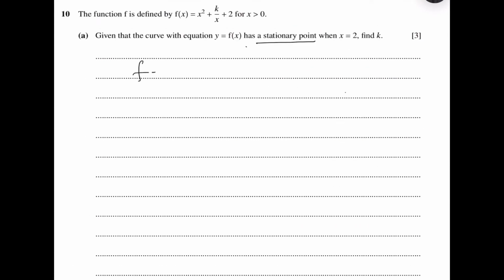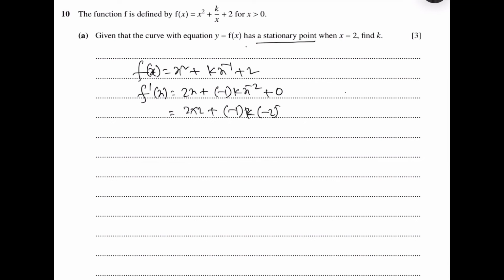f(x) is given as x square plus k x to the power minus 1 plus 2. So f dash x will be 2x plus (minus 1) k x to the power minus 2 plus 0. So the gradient, we can find at x equals 2, substitute here: 2 times 2 plus minus 1 k 2 to the power minus 2.